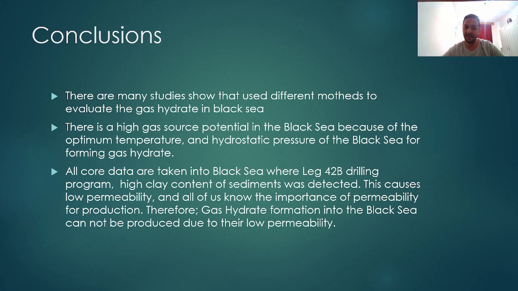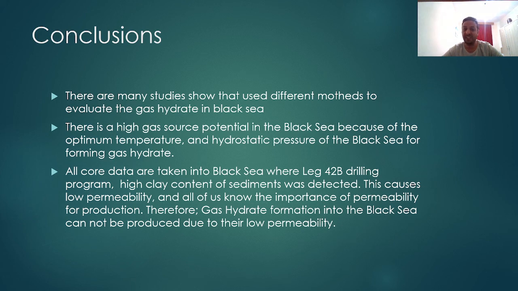All core data taken in the Black Sea until now were logged from the well Leg 42B drilling program. High clay content of sediments was detected. This causes low permeability, and all of us know that the importance of permeability is that it affects our production.